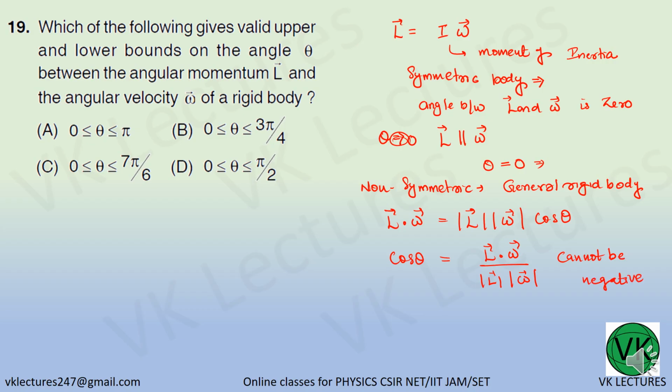All are positive values. So since this cannot be negative, theta should be less than 90 degrees, and it also cannot go below 0. So theta varies from 0 to 90, or pi by 2. So 0 to pi by 2. So option D is correct.